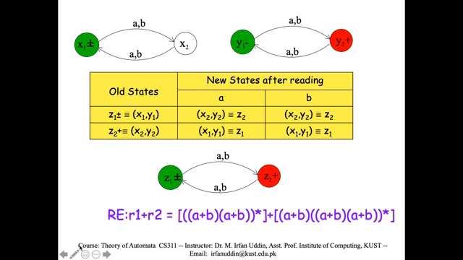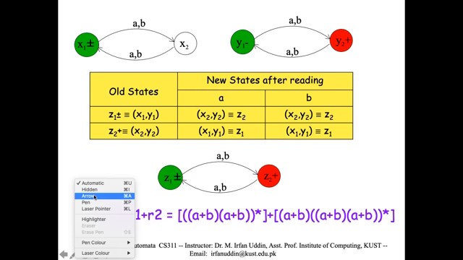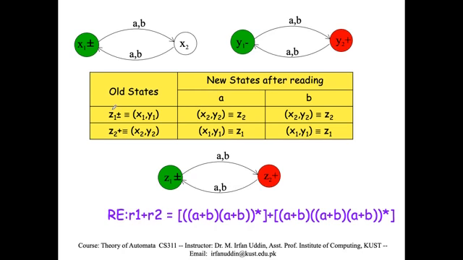We create a new state. Let's call it Z1, and we take it as initial because it contains x1, y1. And since x1 is final as well, this is both initial and final. In x1 reading A, we go to x2.